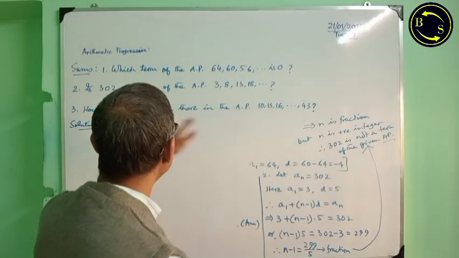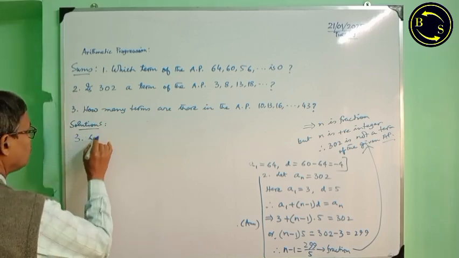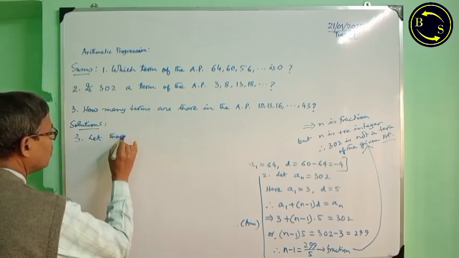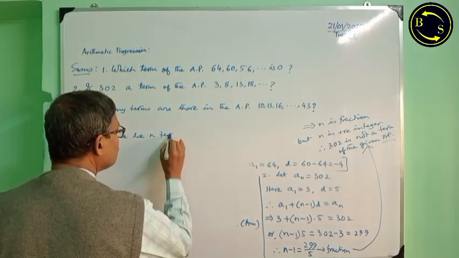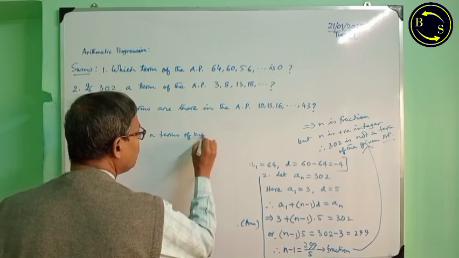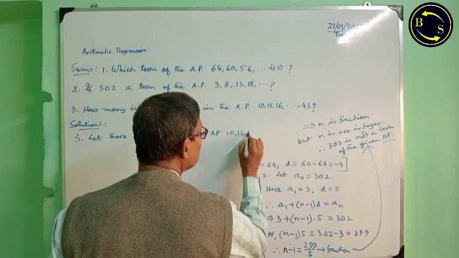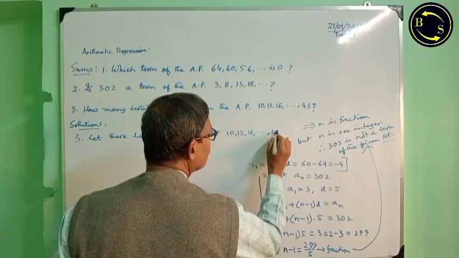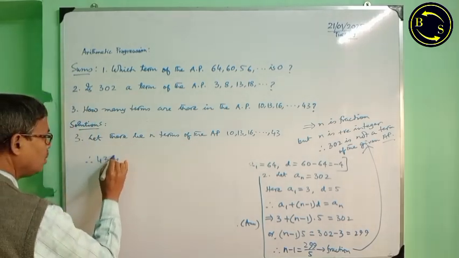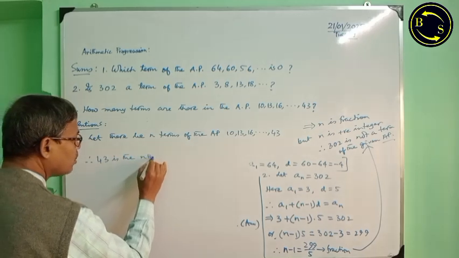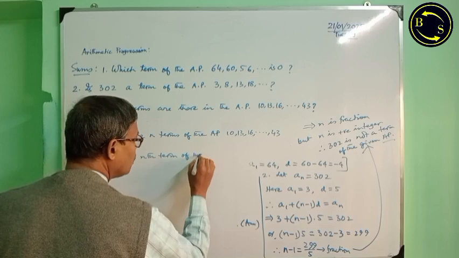For that, how many terms are there in the AP? Let there be n terms in the AP 10, 13, 16, up to 43. Therefore, 43 is the nth term of the AP.